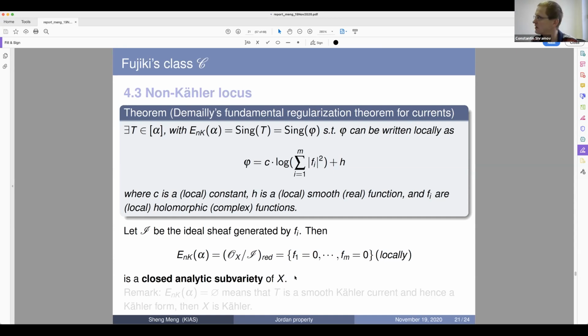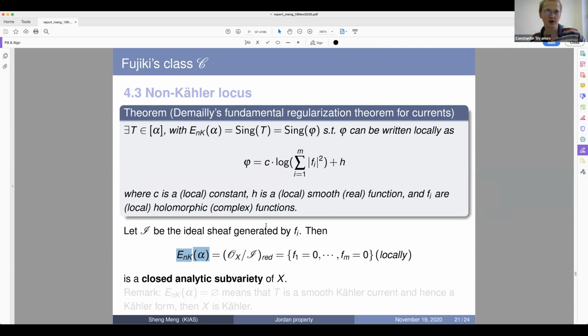If it is nef, you can also associate to it something. Is there any relation between this natural sublocus of X in the Moishezon case and what you define here? If it is nef and big, then it is just the null locus of the big line bundle, just the augmented base locus. And if it is big but not nef, maybe something is contained in something.